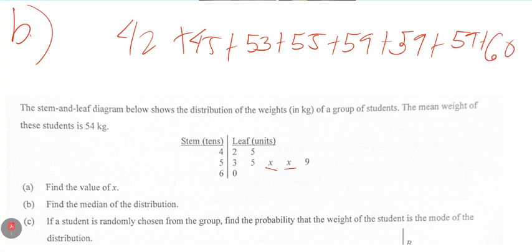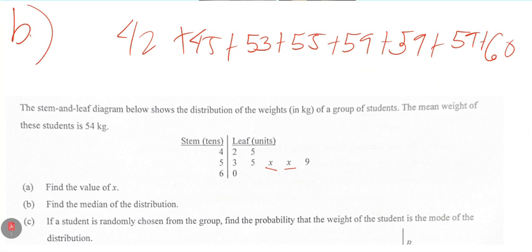Since there is an even number of data points, and remember the total is 8, the median would be the average of the fourth and the fifth.